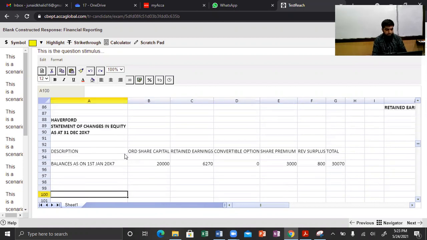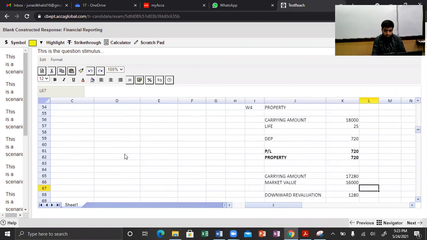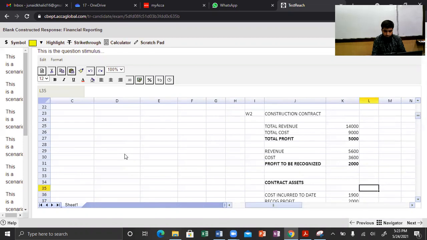Okay, now what adjustments have we made so far? That is the adjustment for the bonus issue, in which we have credited the capital, increasing the share capital by 4000. Let's recall this.